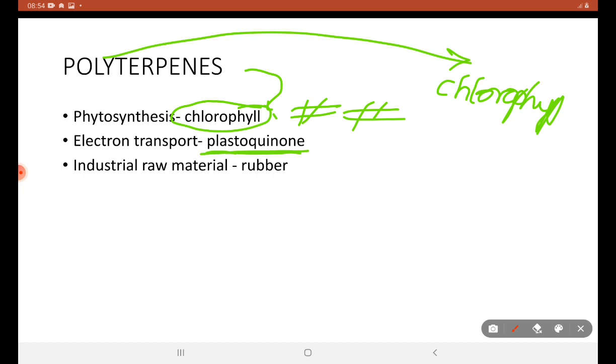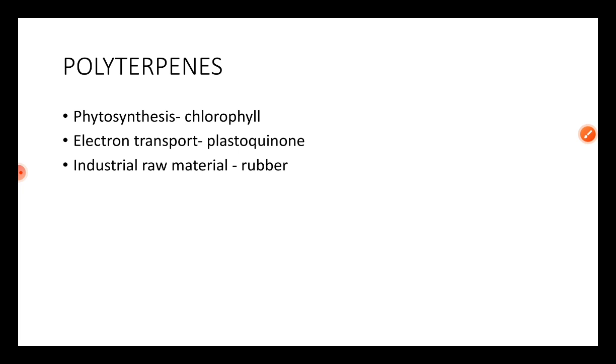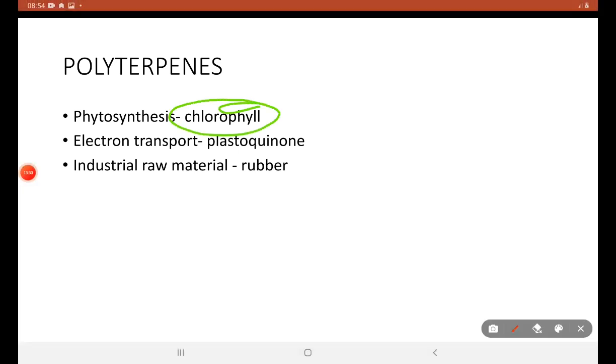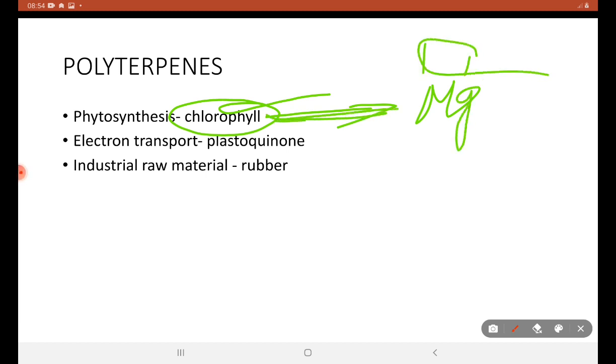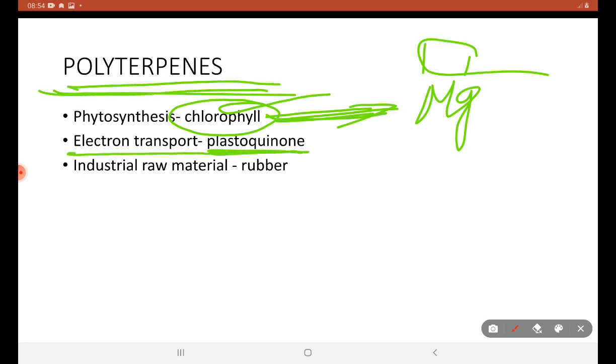Plastoquinone is a polyterpene used in the electron transport chain. Industrial raw material for rubber is a polyterpene. This is very, very important. We know chlorophyll has magnesium and a pyrrole ring. So all these things we know, but we never knew it is a polyterpene. Plastoquinone in the electron transport chain we know, but we never knew it is a polyterpene. So please make a mark of it.